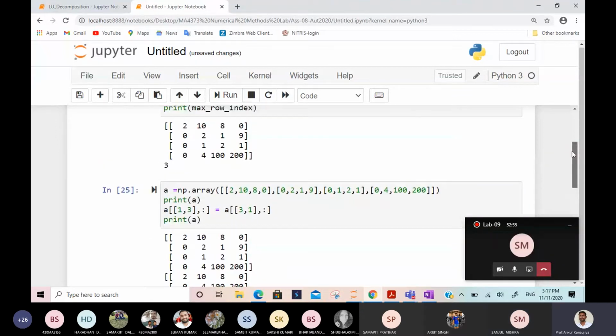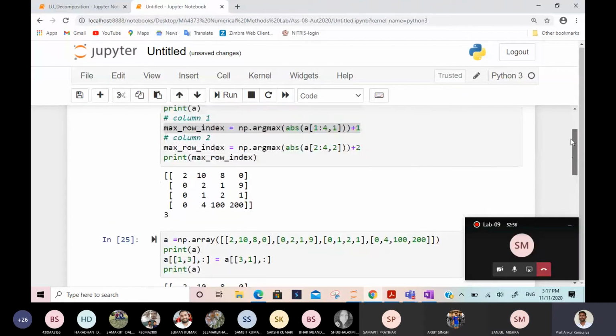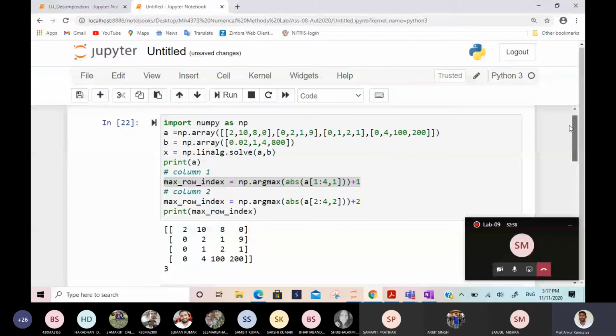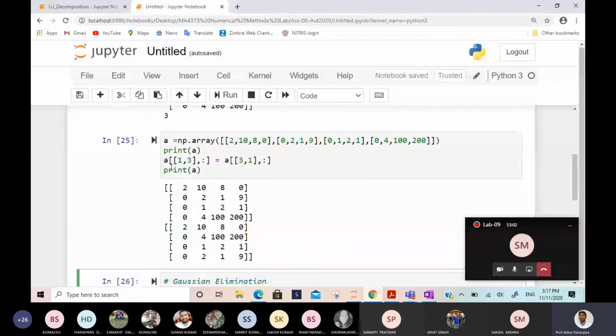We are taking some temp variable, and with the help of that, we are interchanging the things. Like we did here, 1-3 will change with 3-1. Here there is no max 1-3. I asked which row you want to interchange. So this is the code. By using that, we can interchange, right?